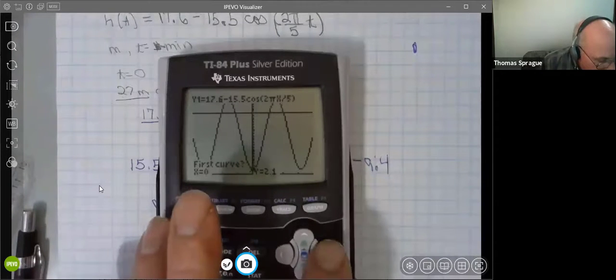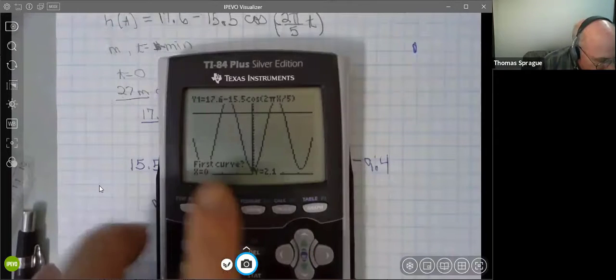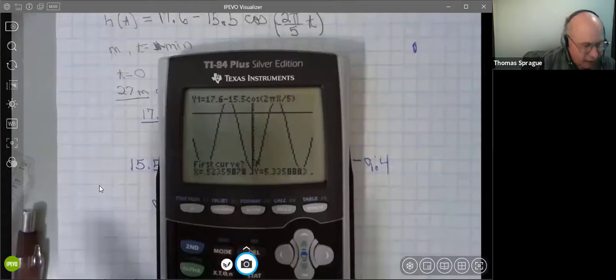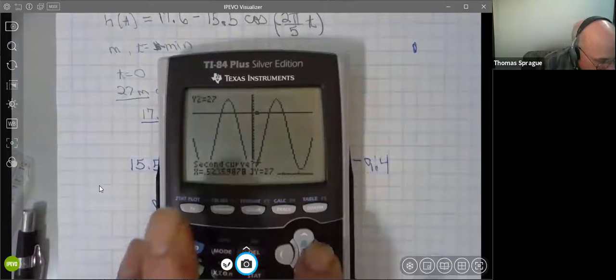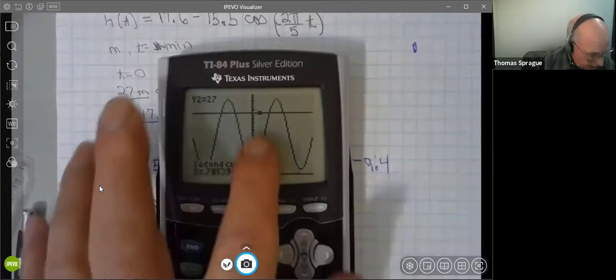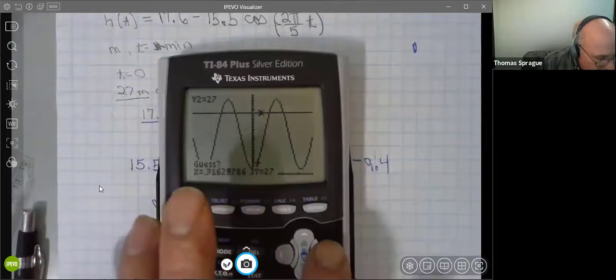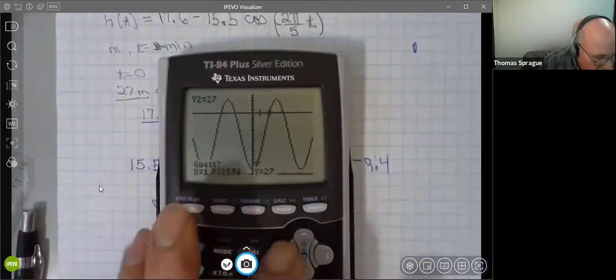So I press the second key and then the calc, and I want intersect. And it wants the first curve. So just get any point on the first curve, and we've got it highlighted now. Second curve, well, you can see it's on the line already. Press enter again. And then it wants a guess. So in other words, click somewhere near the point of intersection.